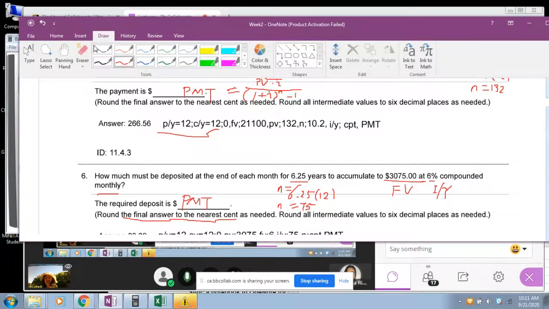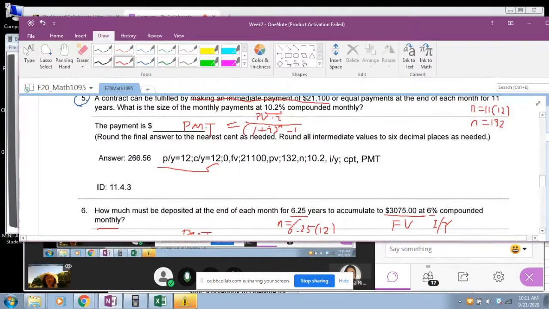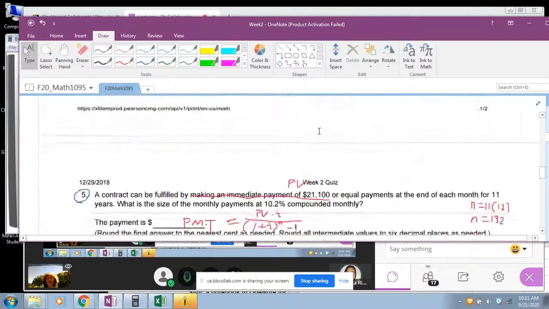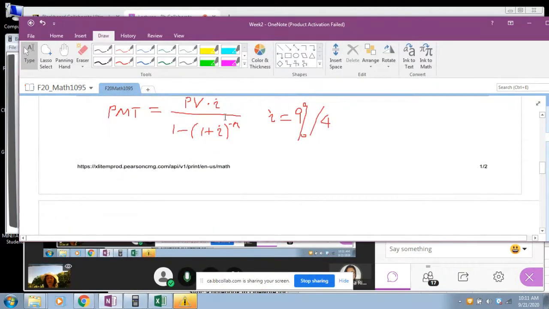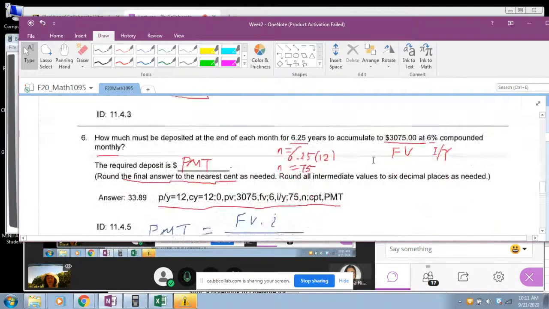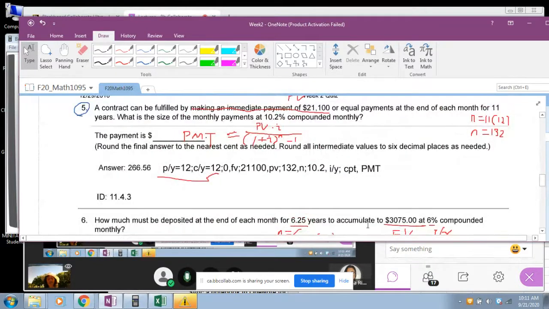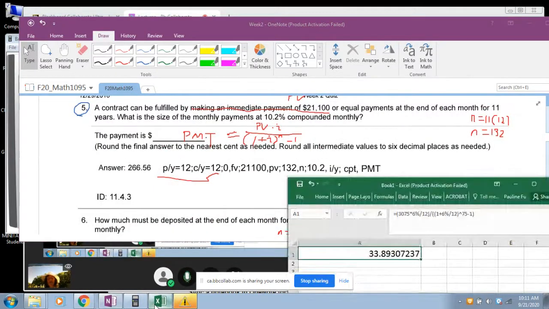Okay, and I should erase this little bar here to avoid confusion for the formula. So this is the formula for PMT given present value. Now, based on this formula, I'm going to use Excel to facilitate the calculation.